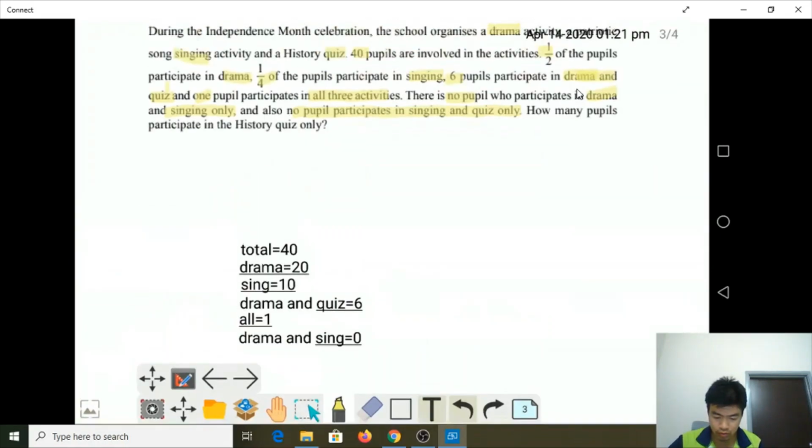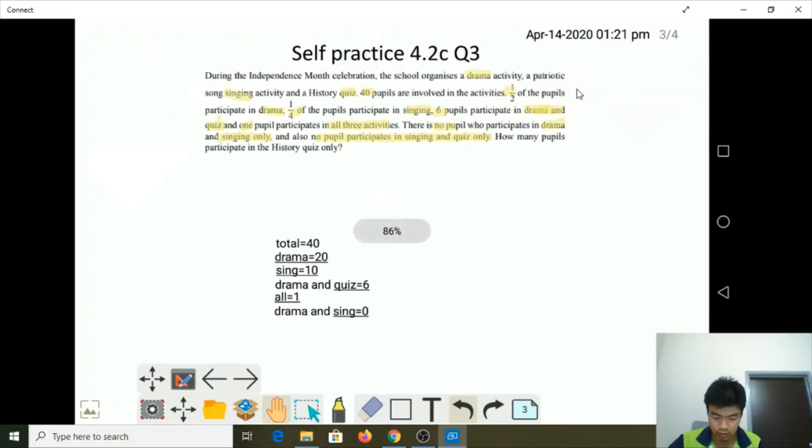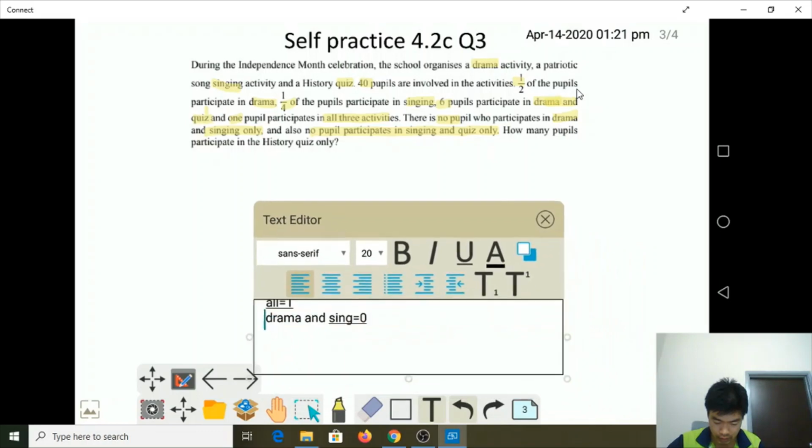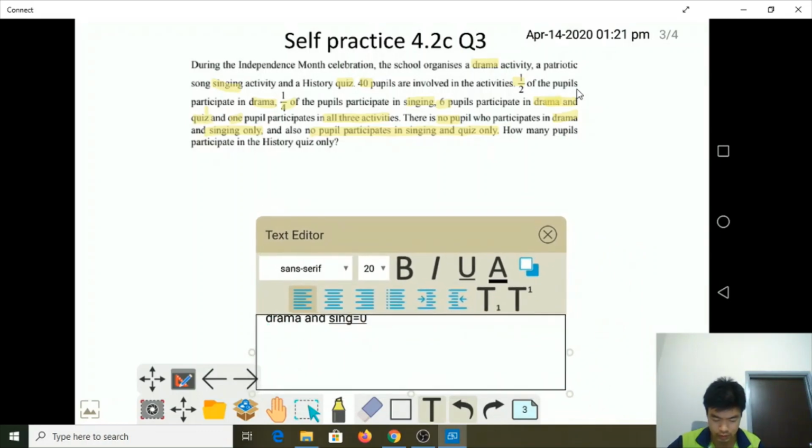And the next one is no pupil participates in singing and quiz only. Singing and quiz also no pupil. Singing and quiz, 0.